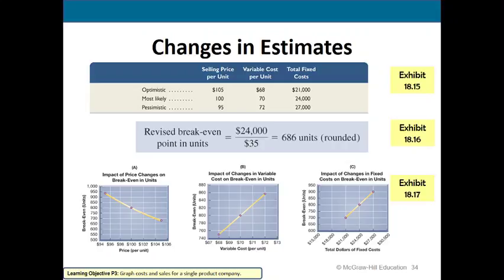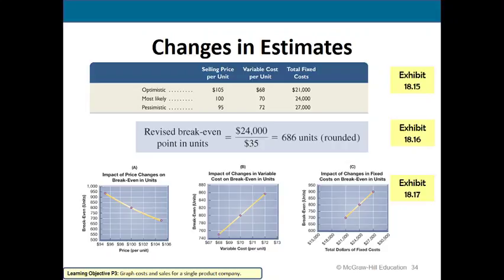You're going to divide that into your contribution margin per unit of $35, which is the difference between the $105 selling price that you would like to get minus the variable cost per unit at the most likely scenario.